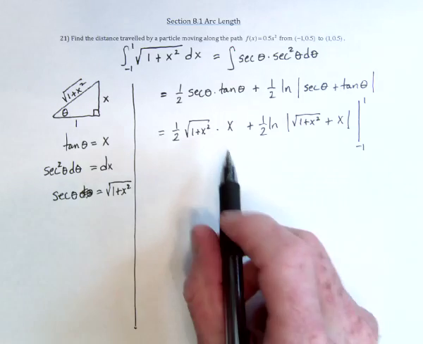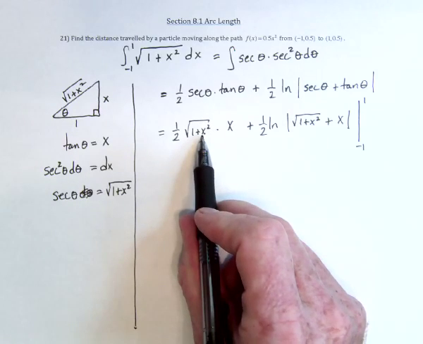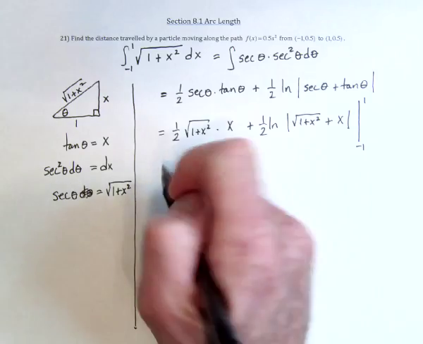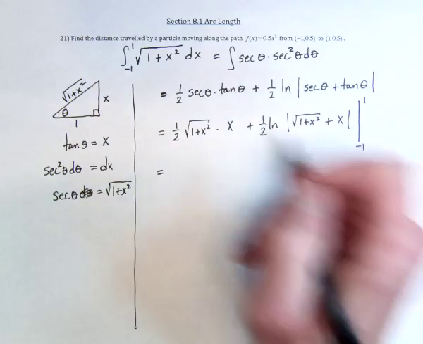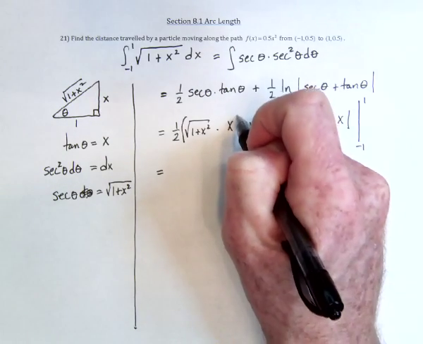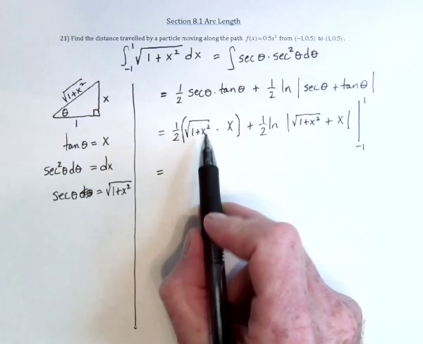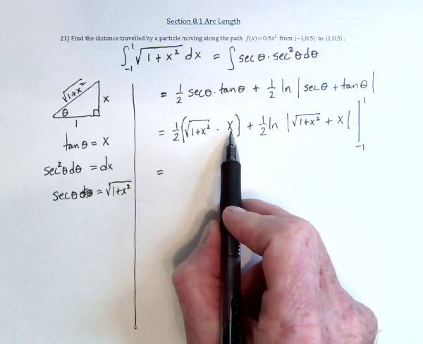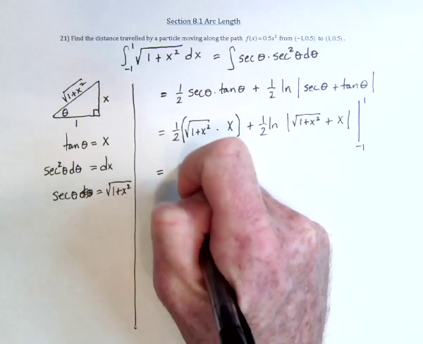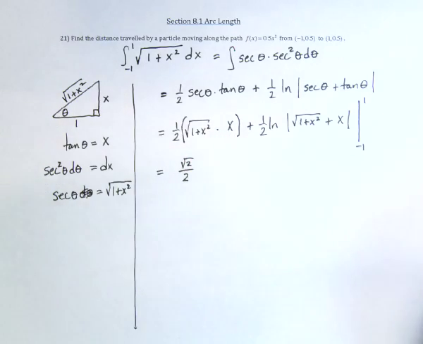So we would first substitute the 1. This would be 1 squared plus 1, so that's a radical 2. I should have parentheses just to emphasize the 1/2 times out. So this is going to be a radical 2 times a 1, and then times a half. So that's radical 2 over 2.